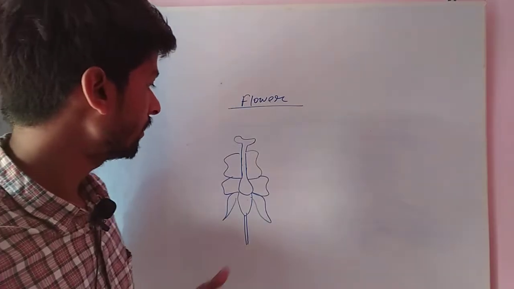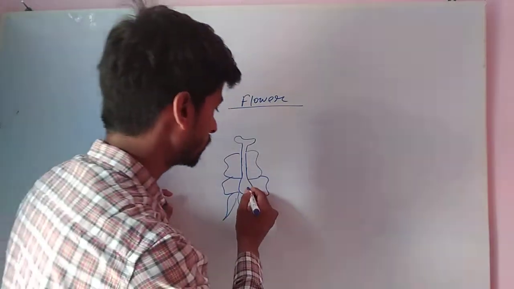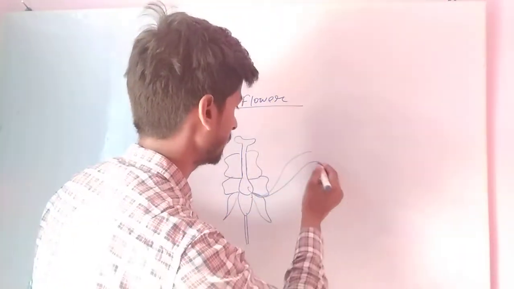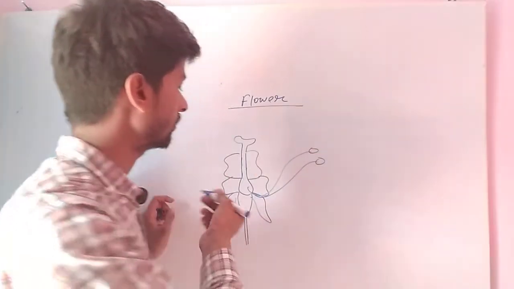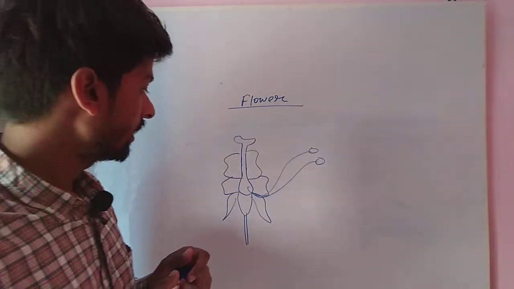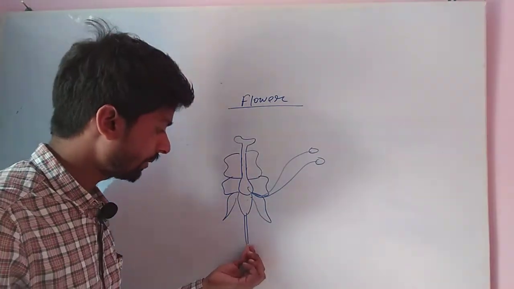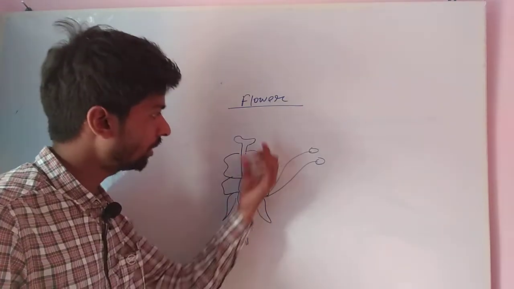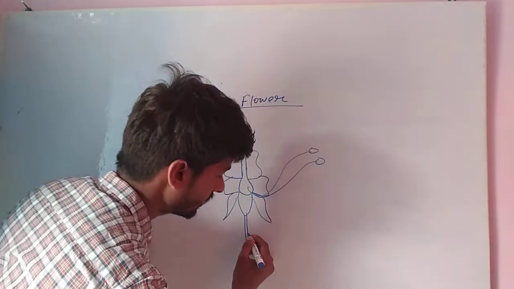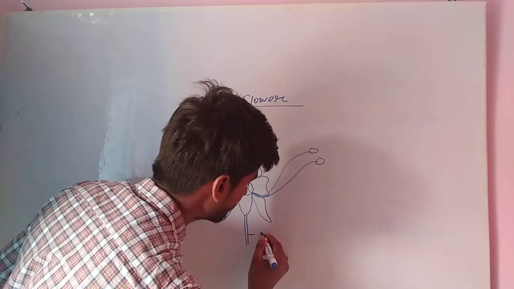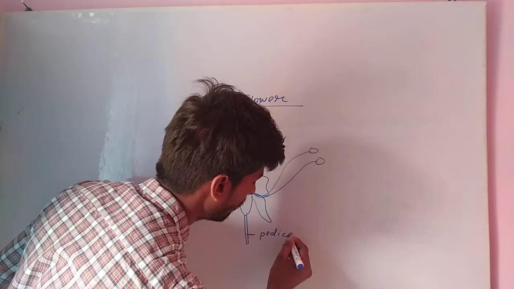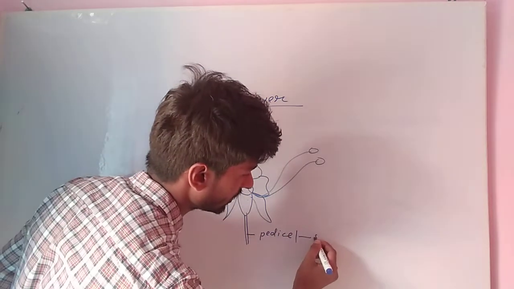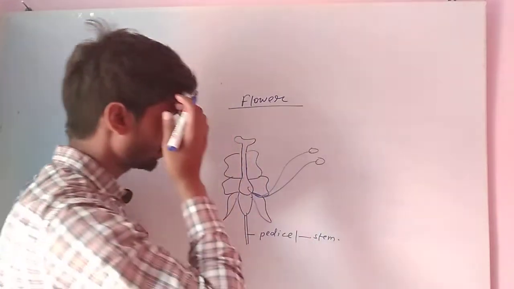So first of all we will understand these two parts. Look here, this part first, we move from downwards to upwards. This is known as the pedicel, or in other words we can say the stem.